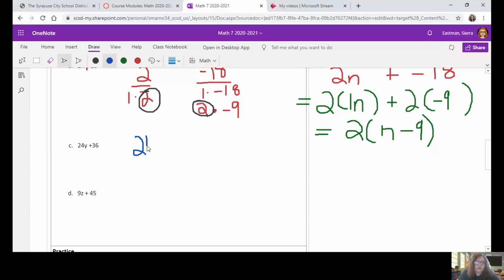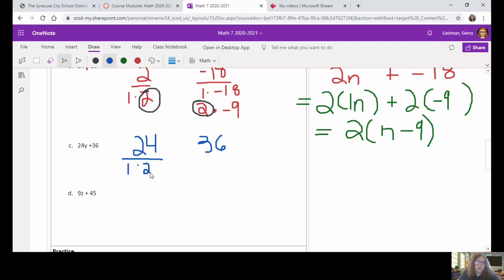We always need our GCF first, so I can do that either on paper or in my calculator. 24 could be a 1 and 24.